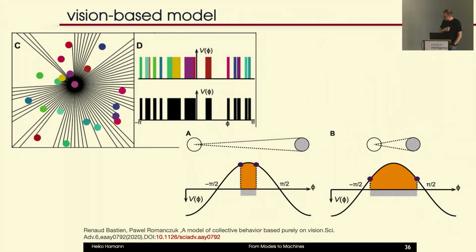But again, in David's work, we were inspired by a vision-based model that goes back to these guys. You know, Pavel maybe has also shown you a bit about that. There's the idea that you don't really need to know headings, where these other neighbors are going.